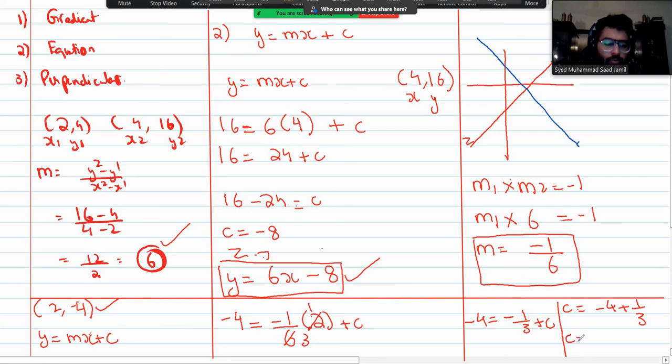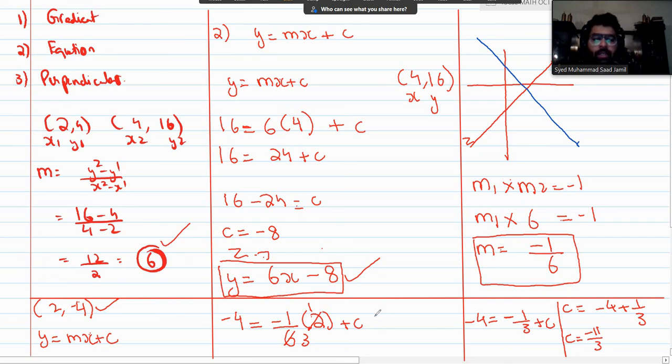So c is equals to minus 11 upon 3. So the equation of the perpendicular line, I'm writing it over here. The equation of the perpendicular line is y is equals to minus 1 upon 6 x, and instead of c we will write the value of c, which is minus 11 upon 3.